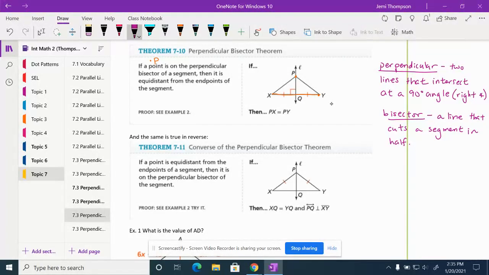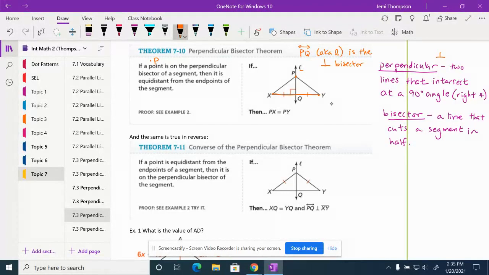So point P is on the perpendicular bisector. In this example, the perpendicular bisector is this line PQ, which they also name letter L. So you see the L right here. You can name it line PQ, or L is the perpendicular bisector. And this upside down T is a symbol that we use for perpendicular.